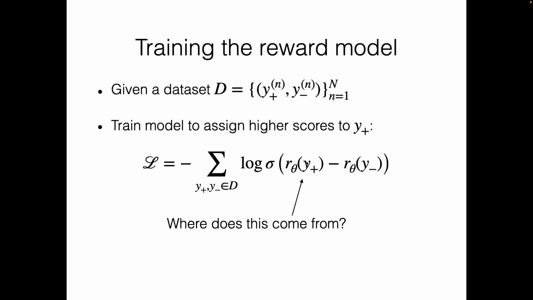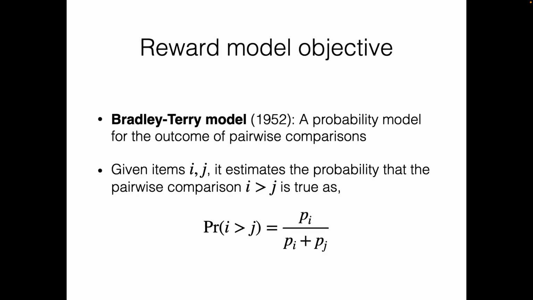But it turns out that there's actually a good justification for this loss function, and it's good to at least have seen it. You'll see the idea pop up from time to time. So here there's this classic model called the Bradley-Terry model, and it's a model of the outcome of these pairwise comparisons.